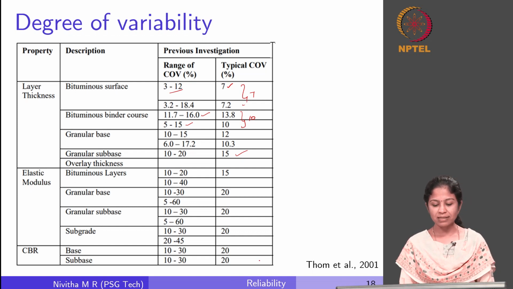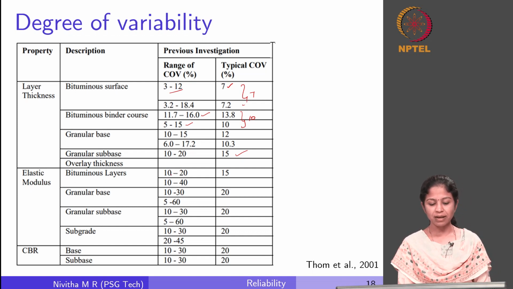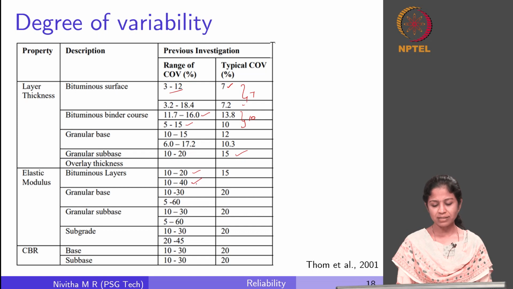Then if we look at the elastic modulus, for bituminous layers it is between 10 to 20%. This value is nothing but coefficient of variation, which is standard deviation divided by the corresponding mean value. Again another study says 10 to 40%, for granular base 10 to 30 or 5 to 60. So, it is usually 20%. You can see thickness is better approximated.